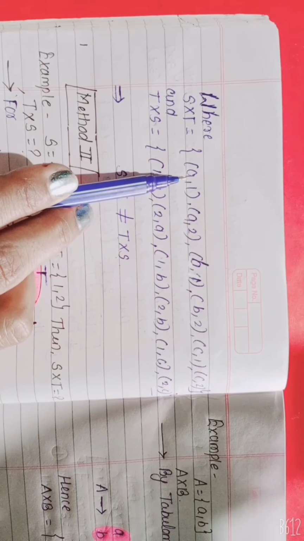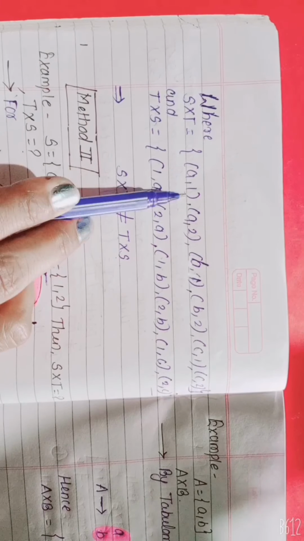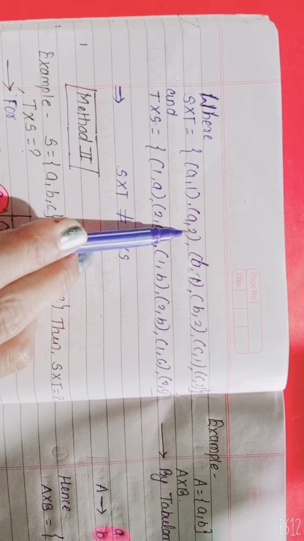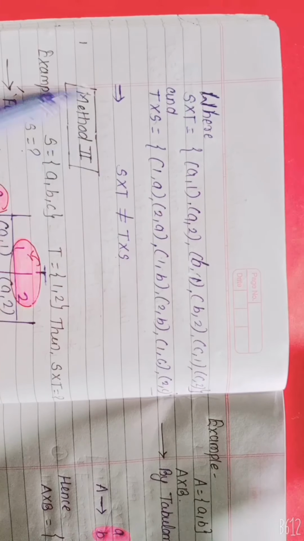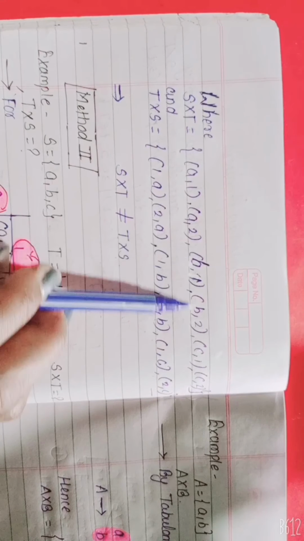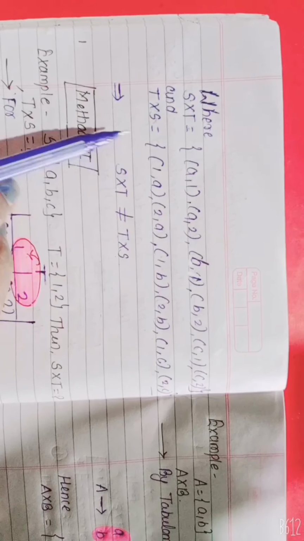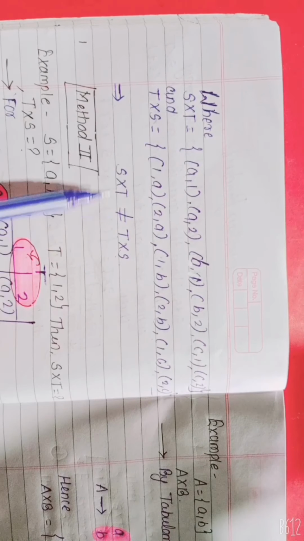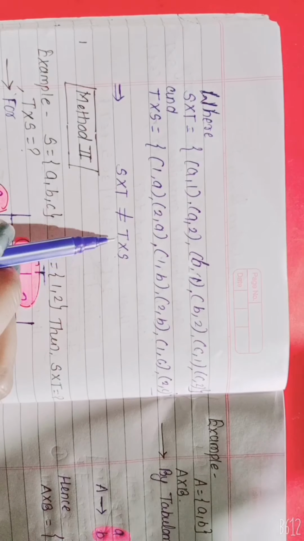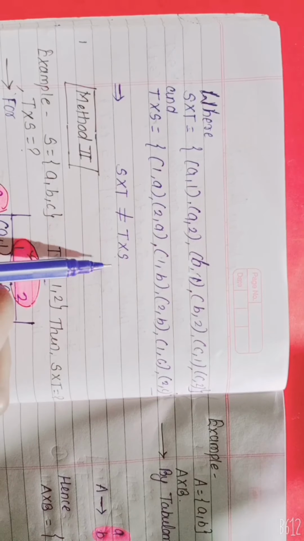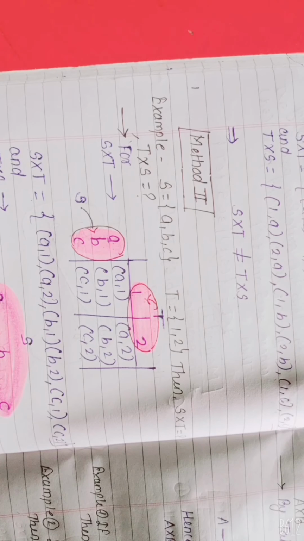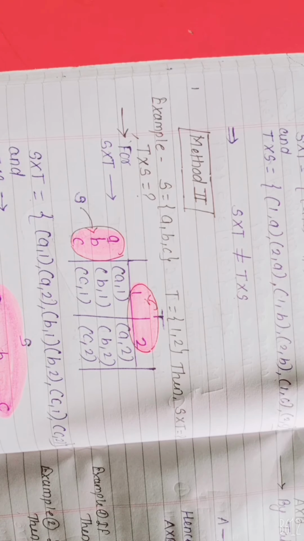Here is the ordered pair A1, here is 1A, here is the ordered pair A2, here is the ordered pair 2A, which are not the same. So all the ordered pairs are different here. So we get that the Cartesian product S cross T is not equal to the Cartesian product T cross S.